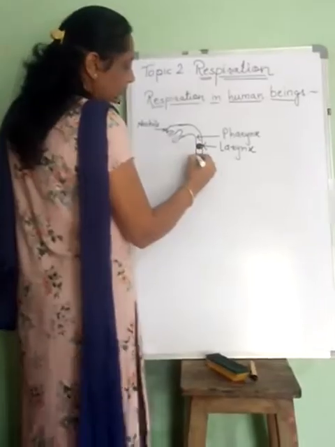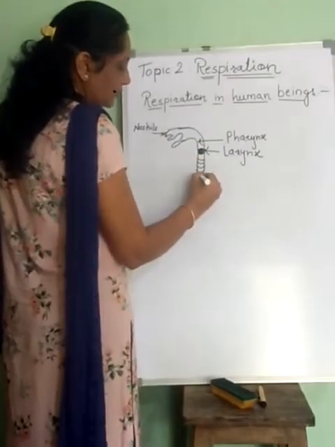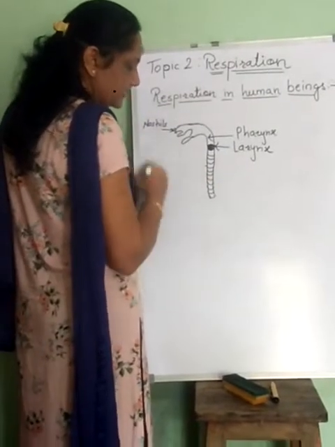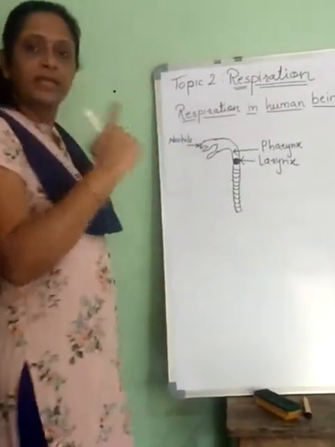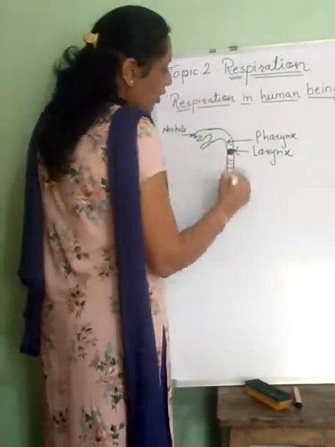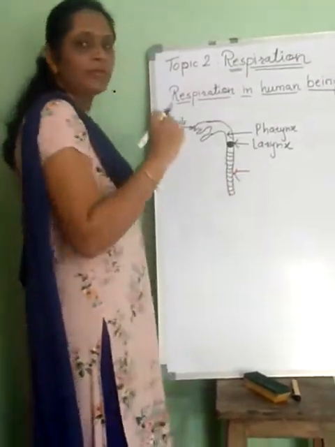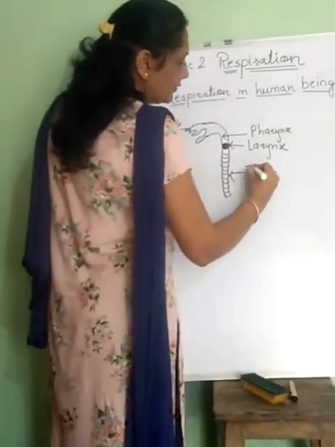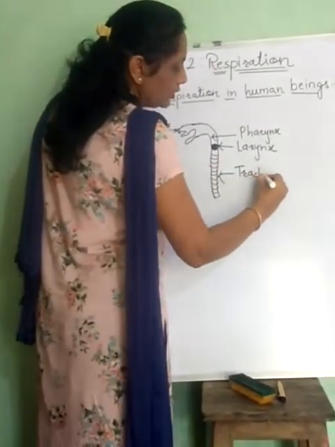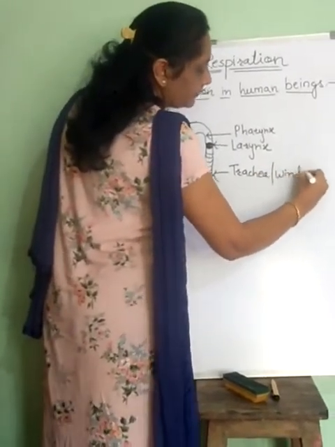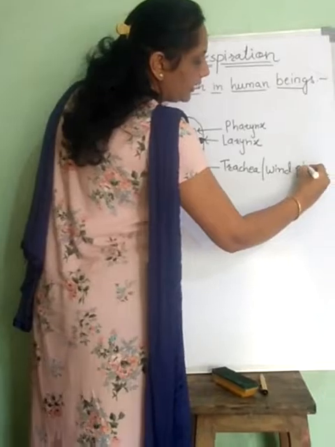Then a small tube-like structure which has ring-like structures on it is called the trachea, or windpipe, which takes the wind down into the lungs.